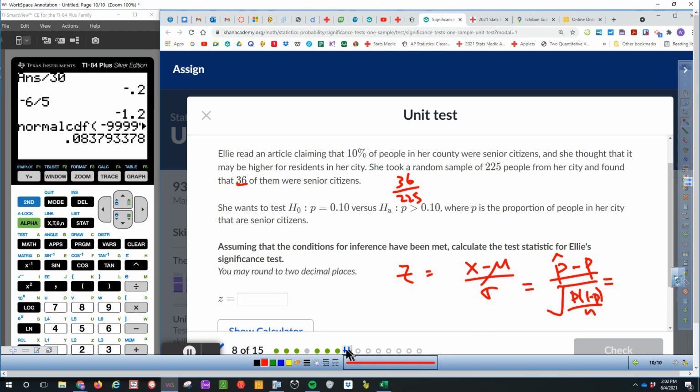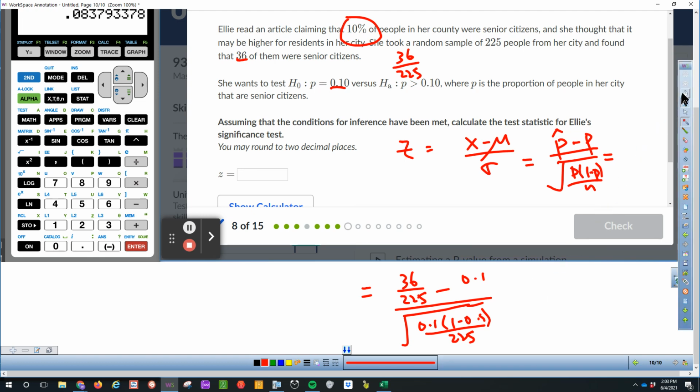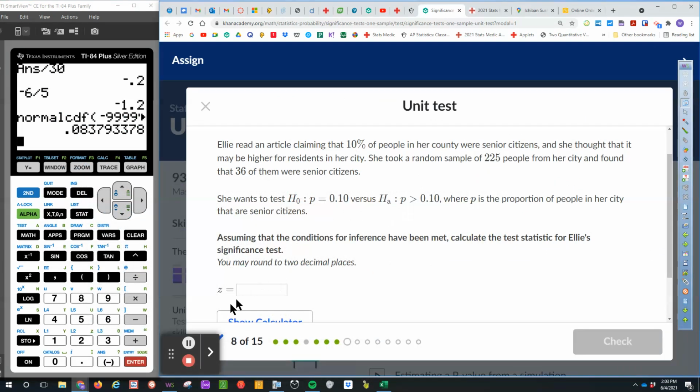So to put it all together, p hat is 36 divided by 225 minus p, we assume p to be 0.1, divided by the square root of 0.1 times 1 minus 0.1 divided by n, which is 225. Okay, so let's put all of this together. There's a way to do it on a calculator that is going to work quicker.